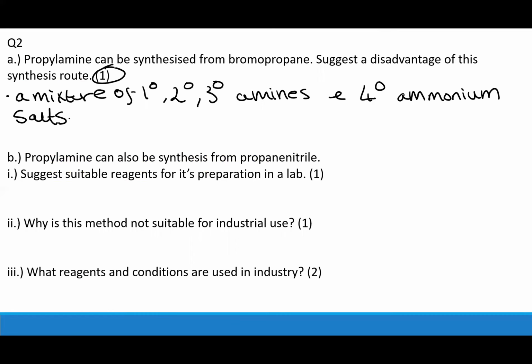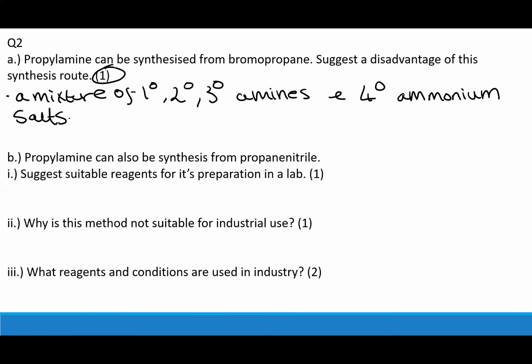Part B, propylamine can also be synthesized from propanenitrile. Suggest suitable reagents for its preparation in a lab.